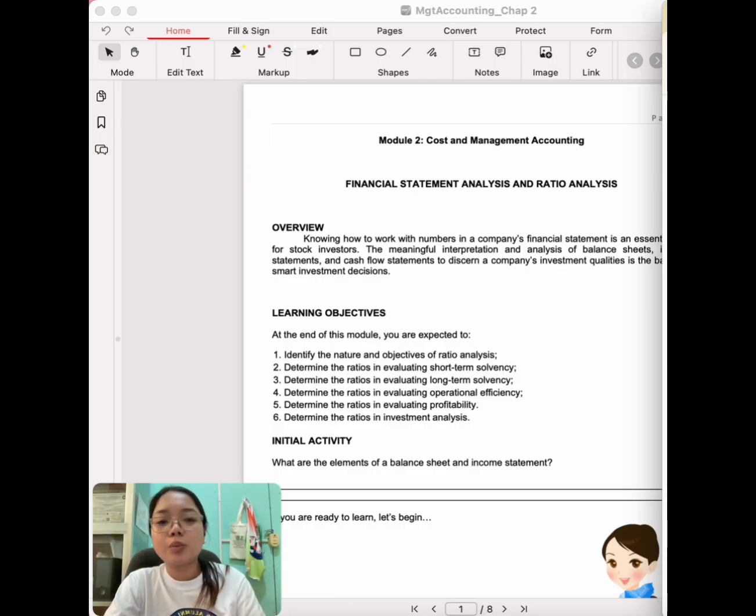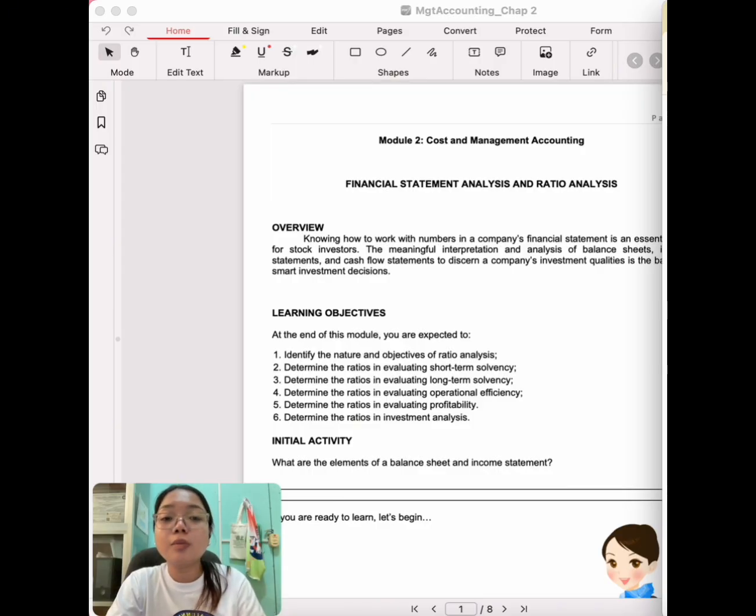So next, before we proceed, let us look at our learning objectives. At the end of this module, you should be able to first identify the nature and objectives of ratio analysis. Second, determine the ratios used to evaluate short-term solvency.